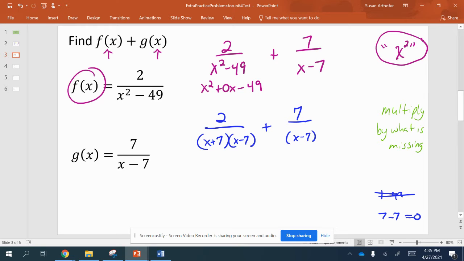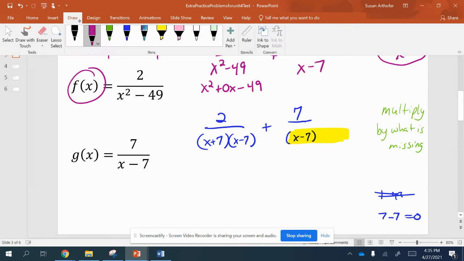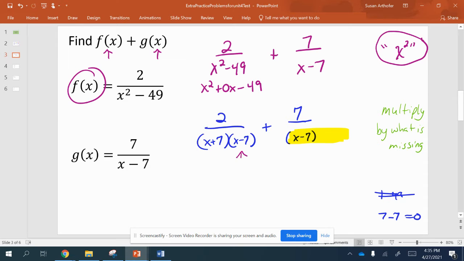So write that step down. Multiply by what is missing. This one is missing something. What's it missing? Well, it has the x minus 7. It does not have the x plus 7. So I'm going to multiply by what's missing. Top and bottom needs to be multiplied by what was missing.